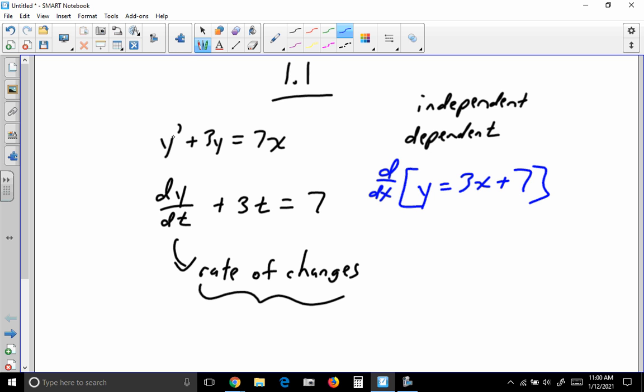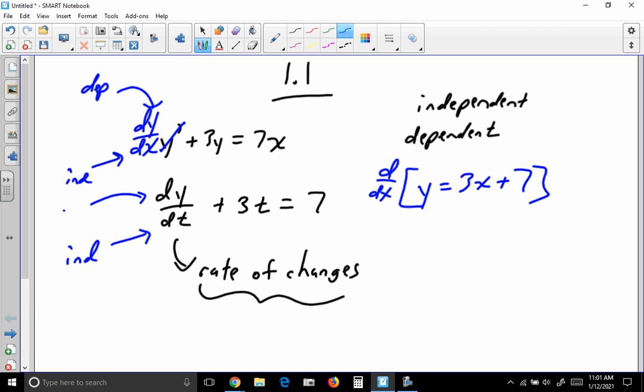So if y prime is a derivative with respect to x, then x is the independent and y is the dependent. In this second one, we're taking the derivative with respect to t. So t is the independent variable. y is the dependent variable.